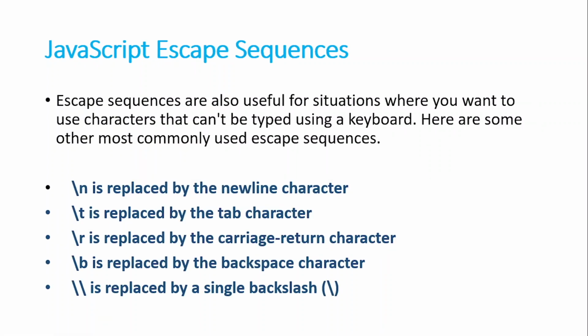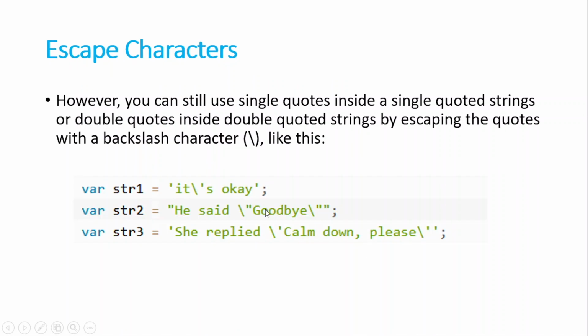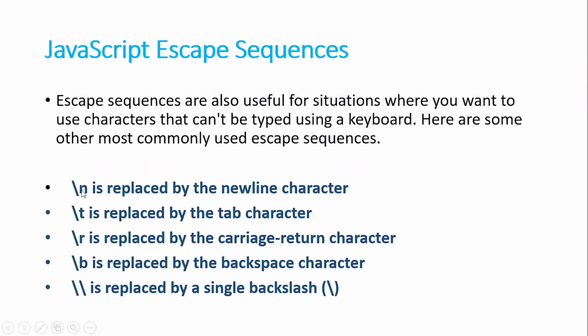We also have other escape sequences or escape characters. You can see we have this backslash n, which is used to go to the next line. So if you specify backslash n here and then console log this string variable, then 'he said' will come on one line and 'goodbye' will come on the next line. Backslash t is replaced by the tab character.